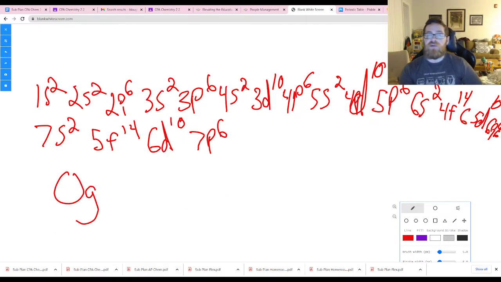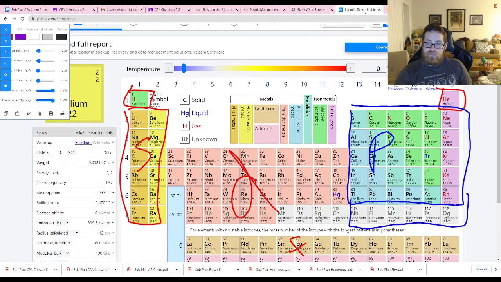You don't need to know how to do that, don't worry. Instead, I'm going to teach you a shortcut so you don't have to worry about ever writing something like this if I ask you to write something big. We can use something called a noble gas configuration. We can look at what the previous noble gas was and use that as a substitute.